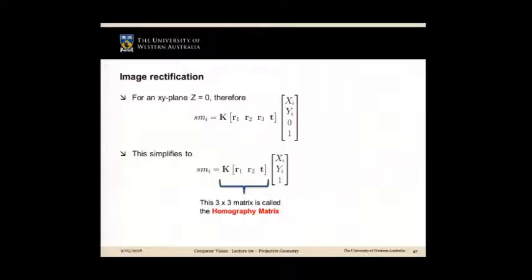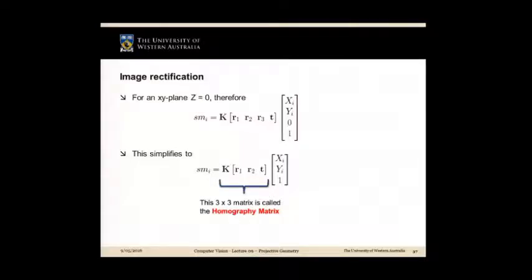Now this K matrix and your translation and rotation matrix collectively give you a 3 by 3 matrix, which is called the homography matrix. This matrix basically translates your real world information into the image plane, and this particular homography matrix helps you to rectify an image, right?